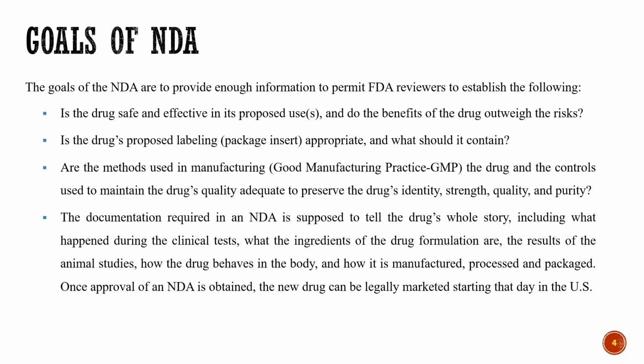Like if you see the syrup bottle, the label will be pasted on the bottle. There you'll know the composition of the drugs in the pharmaceutical product, where it is manufactured, who marketed it, the expiry dates, and all that will be on the outer label. Another label is the package insert.